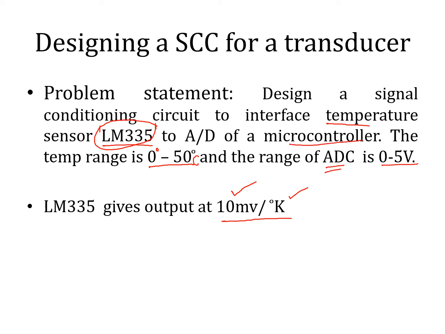Now the range of temperature is 0 to 50 degree centigrade, and the ADC will also take input voltage from 0 to 5 volt. So whatever temperature is coming to us should first be converted into this range, that is 0 to 5 volt.